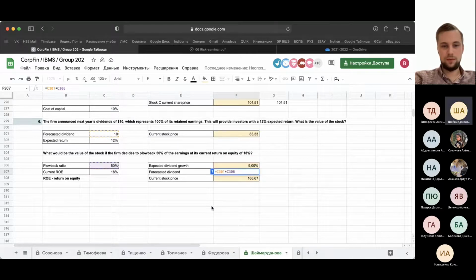So how do we calculate the forecasted dividend? Then we take the dividend growth and multiply that by the plowback ratio, I think.